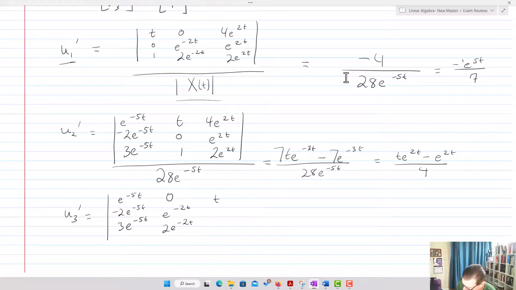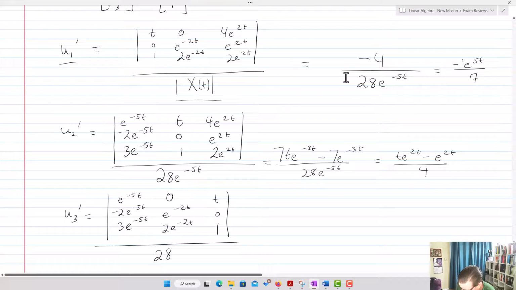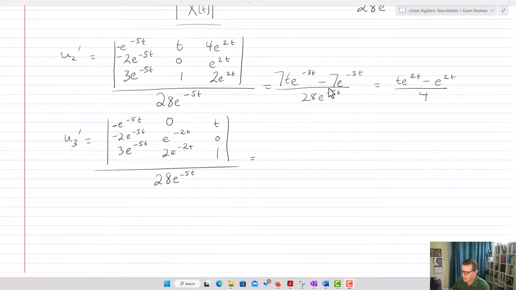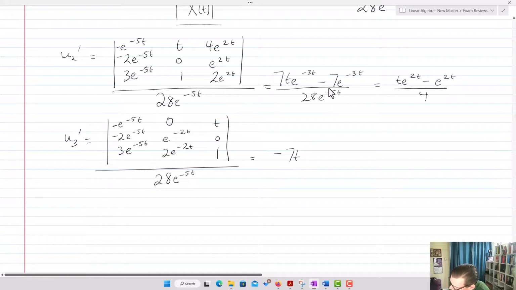And then we'll have t, 0, 1, and that'll all be over the determinant of x of t, so that's 28e to the negative 5t. So when I solve that, I end up with negative 7te to the negative 7t minus e to the negative 7t, all divided by 28e to the negative 5t.